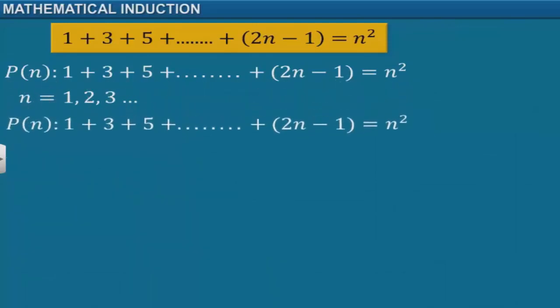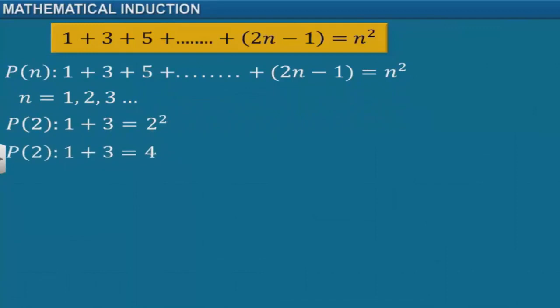Now, we will take n equal to 2, the sum of the first two odd positive integers, 1 plus 3, is equal to 4, which is equal to the square of the number of terms, that is 2. Thus, it is proved that P of n is true for n equal to 2.